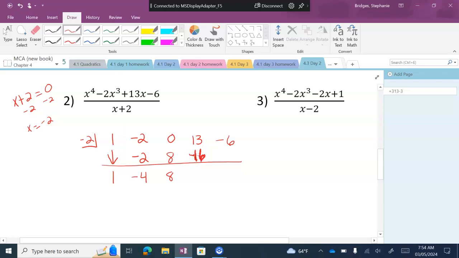What's 13 plus negative 16 going to give me? Negative 3. And then we're going to multiply one more time. What's negative 2 times negative 3? Positive 6. And then if I add, that remainder is going to be what again? 0. Okay. It's not always 0, but that last number will always be your remainder.